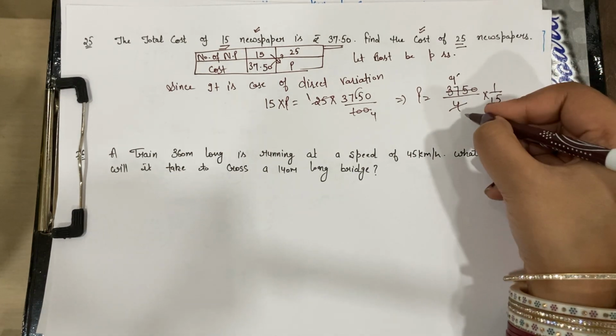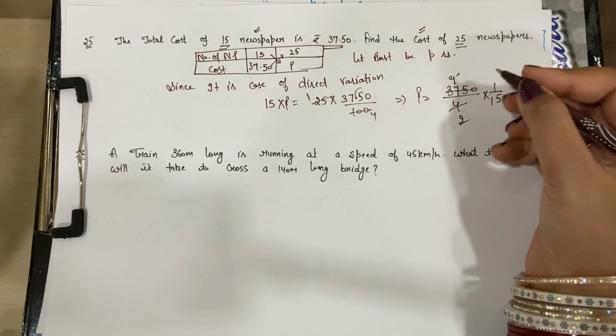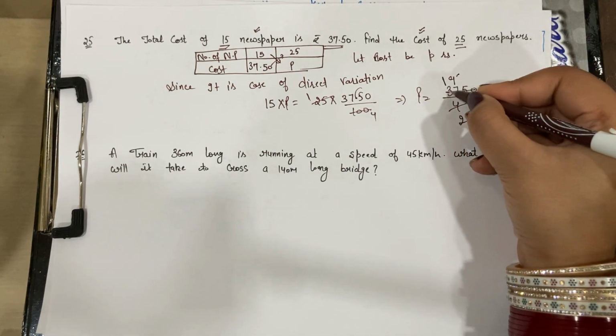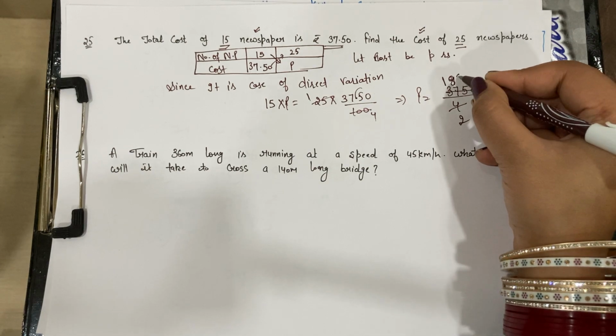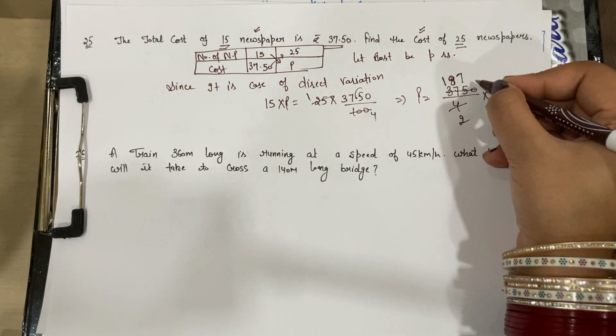First of all, let us divide it on the table of 2. 1, 8, 7, 5.